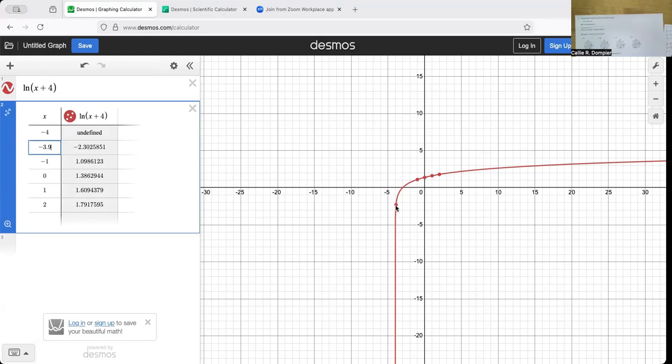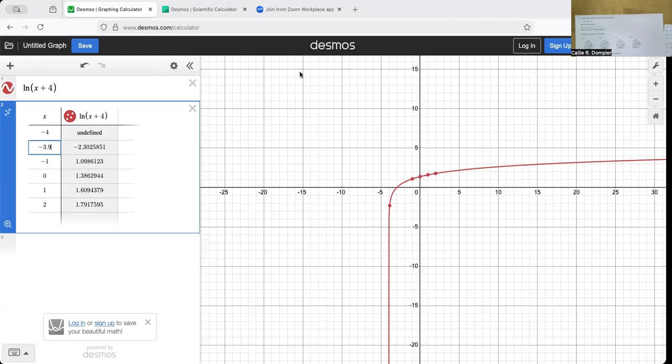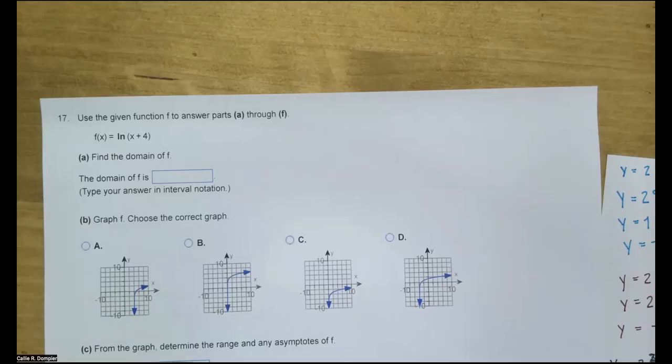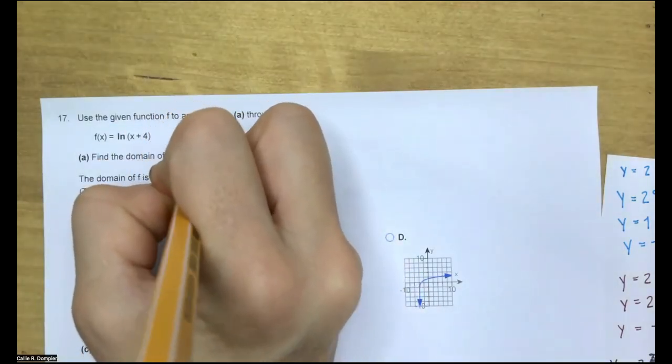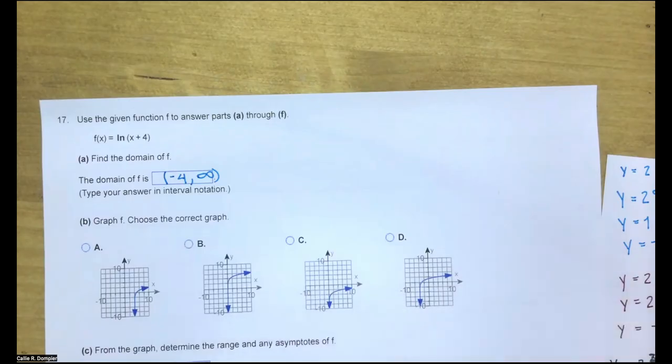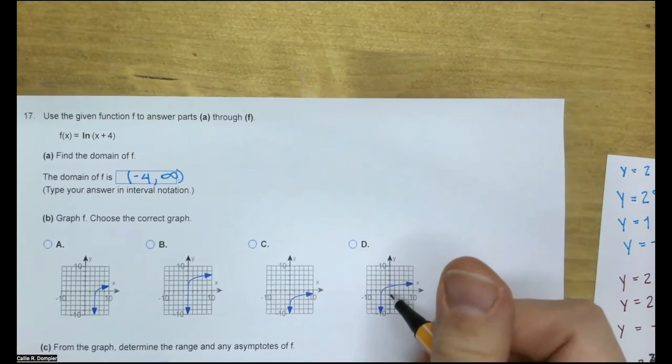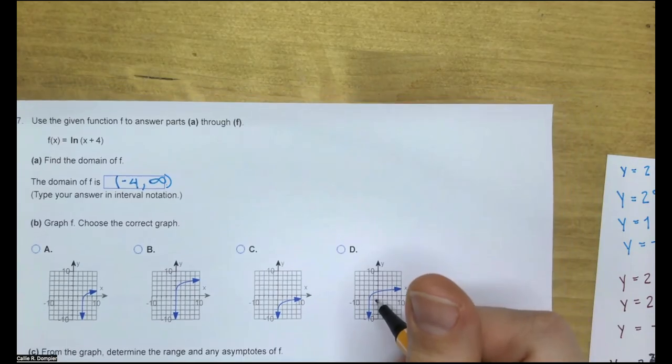I would say that the domain is from -4 to infinity, right? Which is the correct graph?